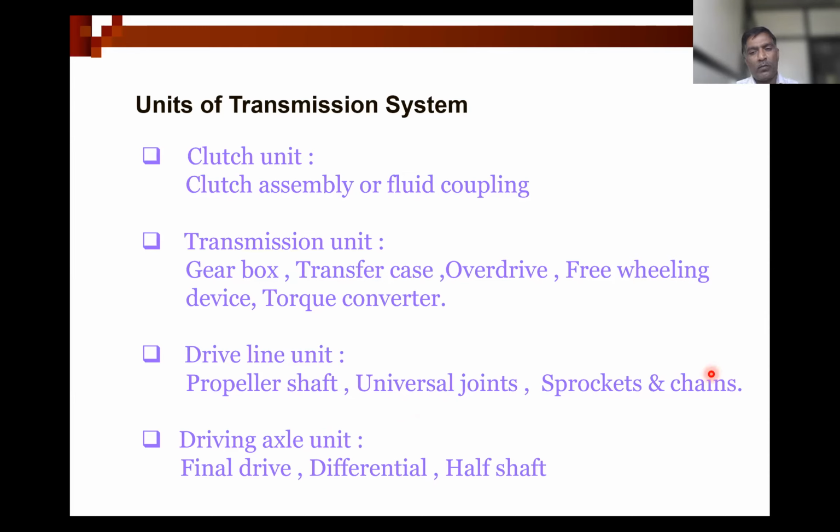This is related to the bike, and these are related to the four-wheeler. Then the driving axle unit consists of final drive, differential, or half shaft. So remember these terms, these units are the components under the transmission system.